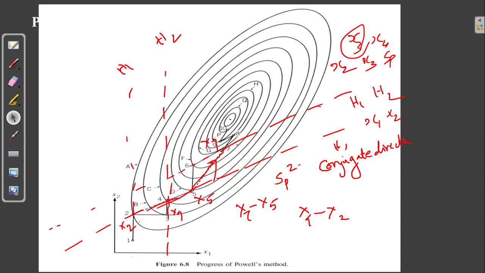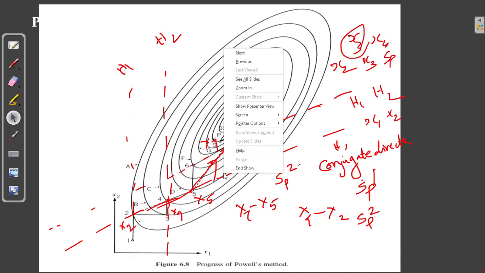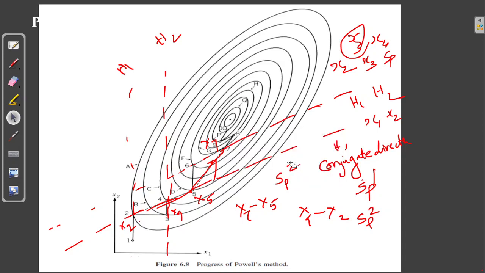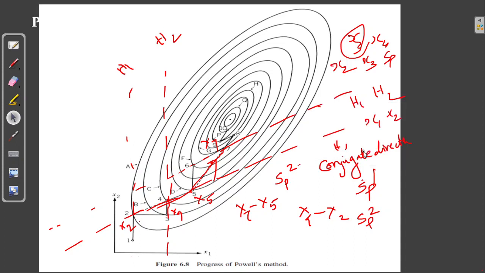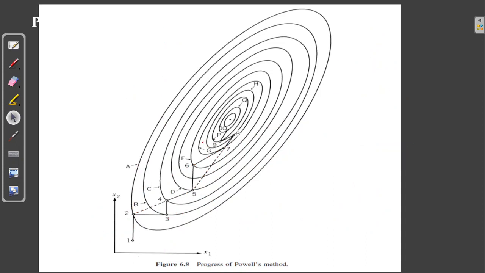We should continue our search first in the sp1 direction, and then in the sp2 direction, so that you will get 9, that is x9, and you get x10.